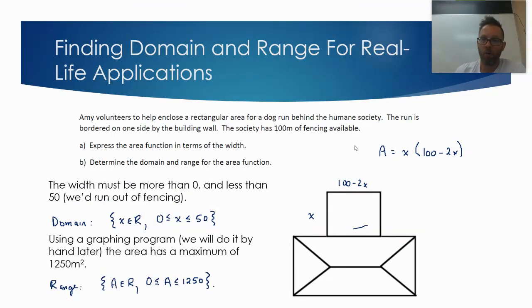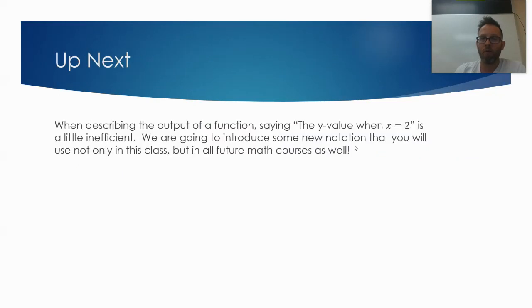All right, so we finished up that last real life example. What do I really need you guys to be able to do after this lesson? I need you guys to know what domain and range is. And if you can identify the domain and range of a function by looking at the graph, you're in good shape. We'd like to move towards being able to see right from the equation what the domain and range is.